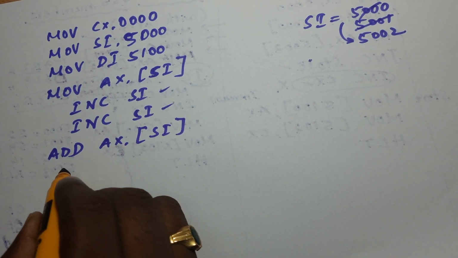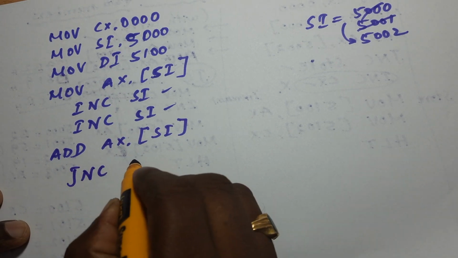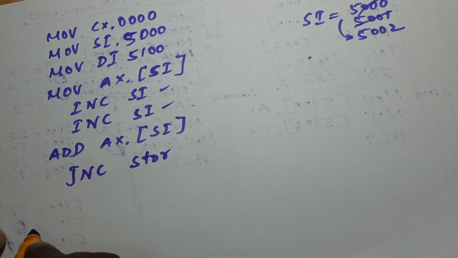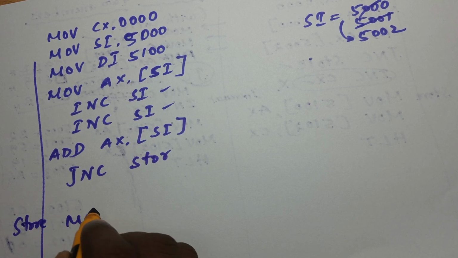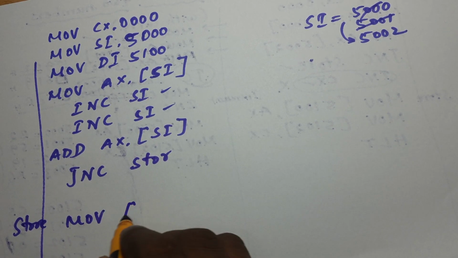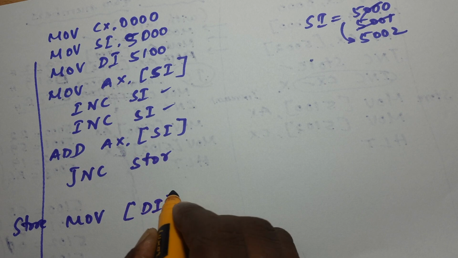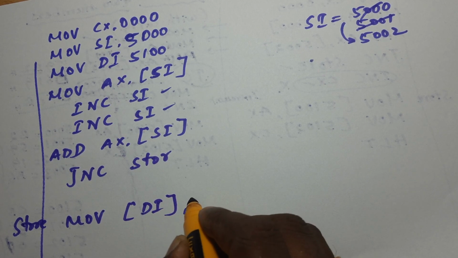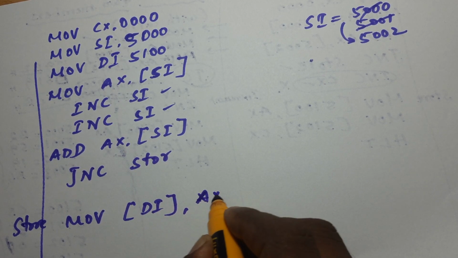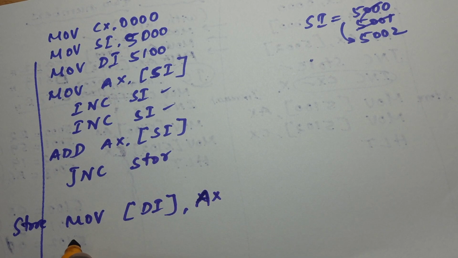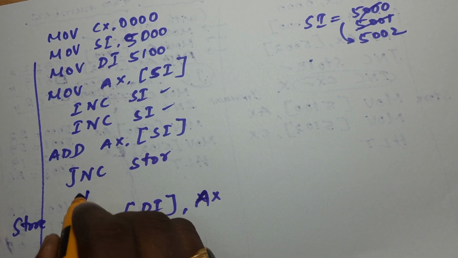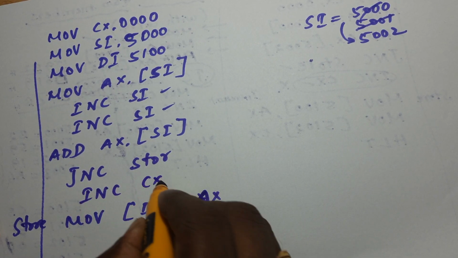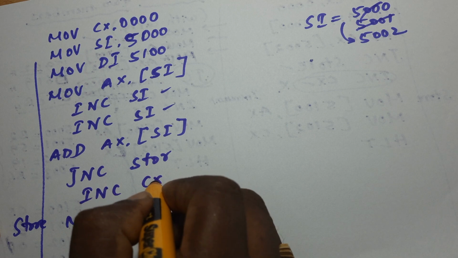Now jump on no carry, to a label, and we store. Move, instead of 5100 I am writing DI, the AX value is moved, and then next the CX value has to be moved. So here we need to write increment CX. If the carry is set, it needs to be incremented; otherwise this is ignored.